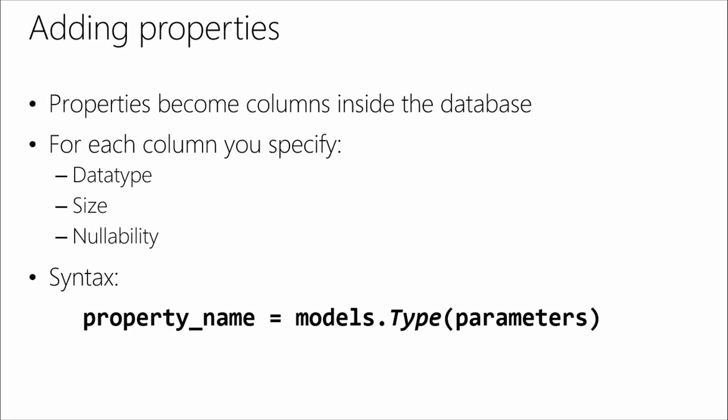And then we can specify different parameters. This is going to affect other properties of how the column is treated, like whether it's nullable or not, what size it is, and so on. So the data type is going to be controlled by that type, and the parameters are going to determine things like what size that field is, and is it allowed to hold null values.